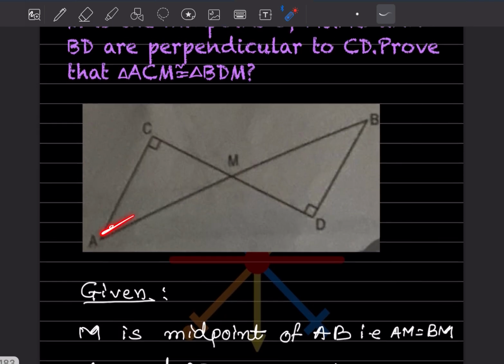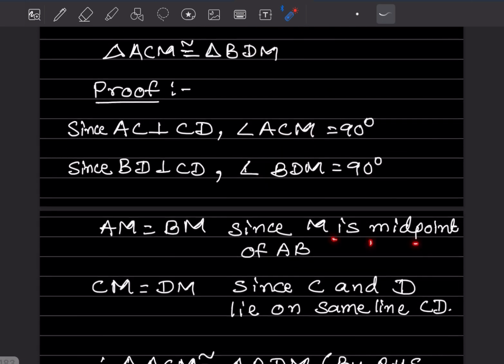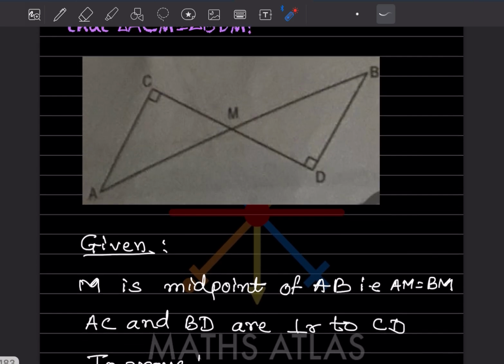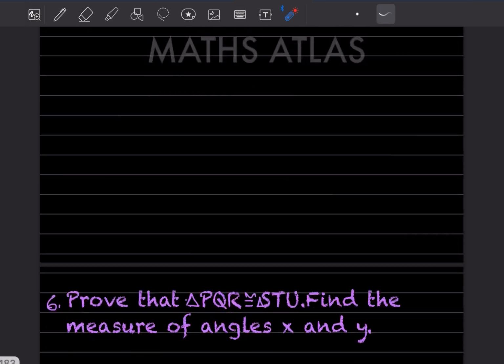Now you can see here AM is equal to BM, since M is midpoint of AB. So now CM is equal to DM. Since why? We can also put a bracket over here. Since C and D lie on same line CD, you can just have a look at the diagram. Therefore, triangle ACM is congruent to triangle BDM by RHS congruence. RHS means here why? Because these both are 90 degrees, so that will be RHS congruence.